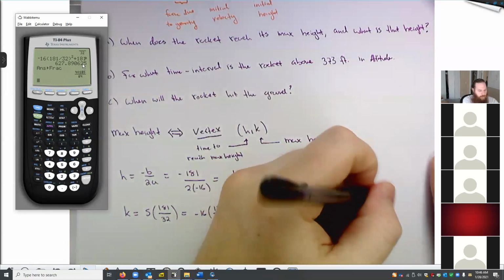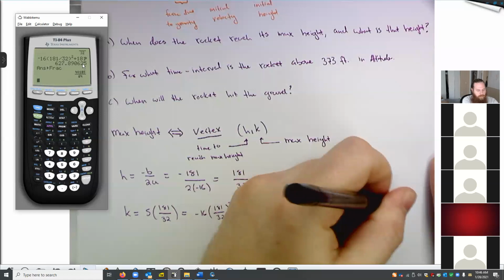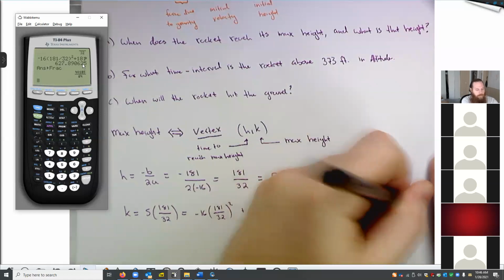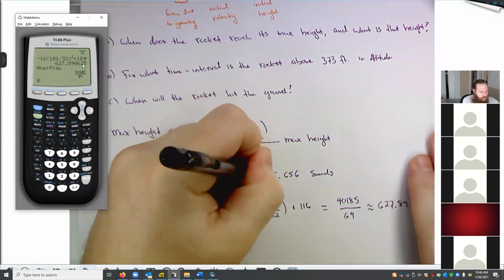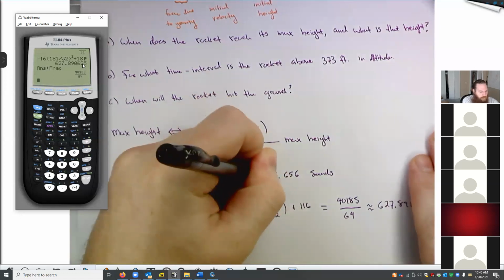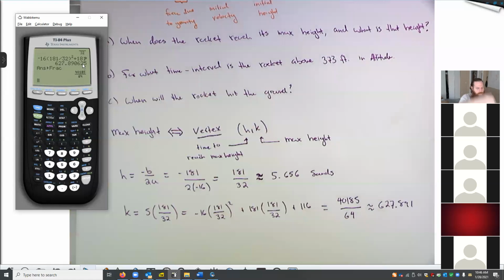I'm rounding to 3 decimal places. If the problem asked us to round somewhere else, we would round somewhere else. I rounded this one too. I should use a shaky equal sign here. Both of these I'm just choosing to round to 3 decimal places, but the problem might ask us to round to 1 decimal place. I think this one does ask us to round to 1 decimal place in the homework.